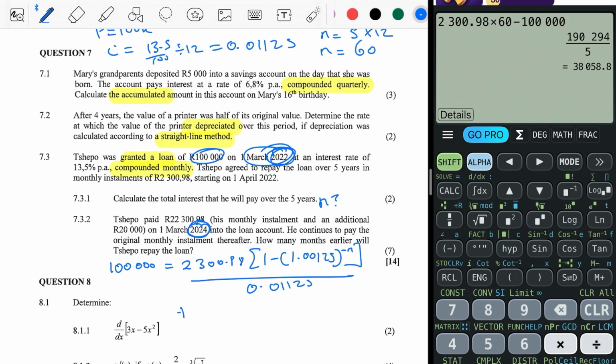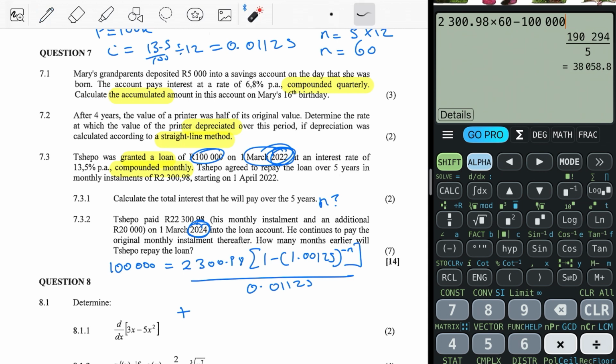and i is 0.01125. But we need to account that there's an additional amount of 20,000. He paid this additional 20,000 just once. However, it is also compounded, reducing interest.